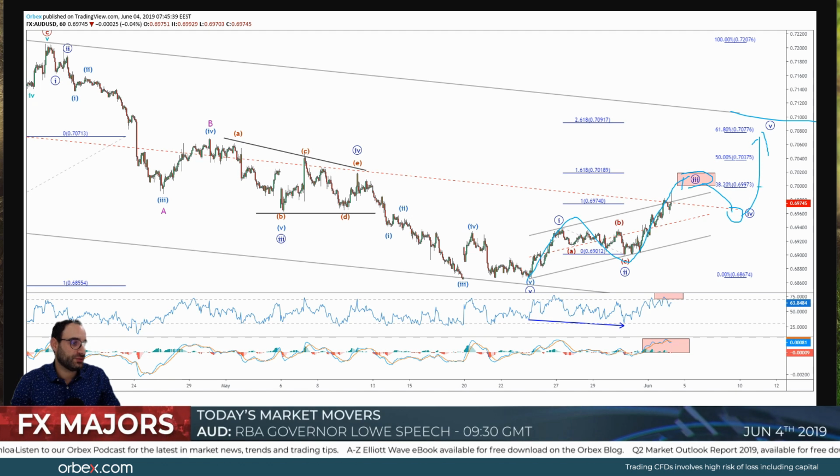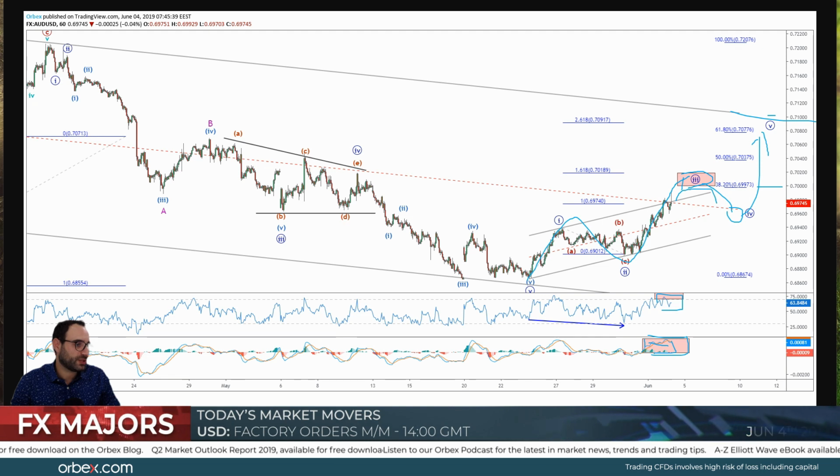The first level to look at, of course, is the 70 cents. The second one would be the 71 cents in the medium term. On the RSI and the MACD as well, we see some divergence here, so I would expect prices to start correcting fairly soon. Nevertheless, I'm expecting the prices to break outside this ascending channel anyway.